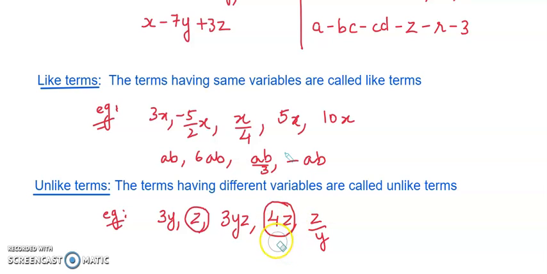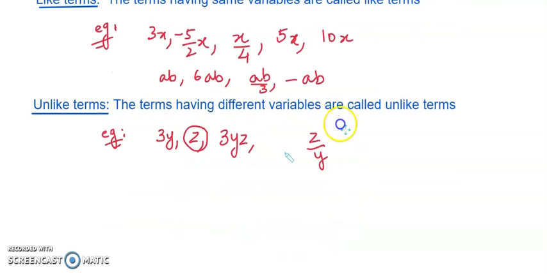But if I just remove 4z, then what happens? All of them have different variables. It's only y, it's only z, it's y into z, and it is z upon y. So they are different types of variables which are present here. Thus, these terms are called unlike terms. We have to figure out whether the given terms are like or unlike while adding and subtracting.